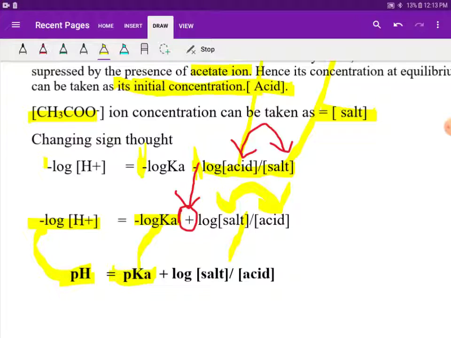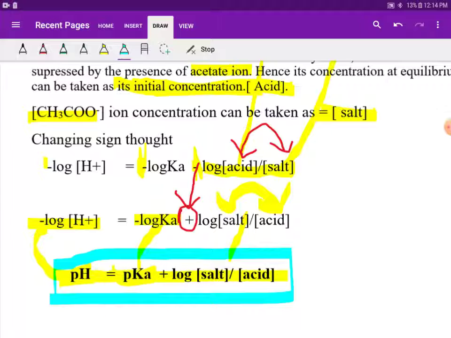So pH is equal to pKa plus log concentration of the salt divided by the concentration of the acid. That is the famous Henderson equation.